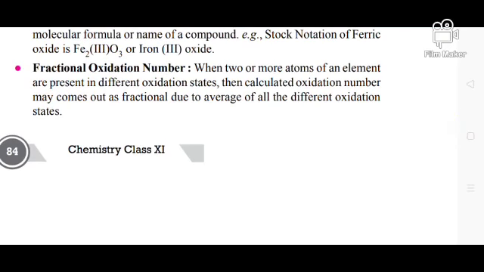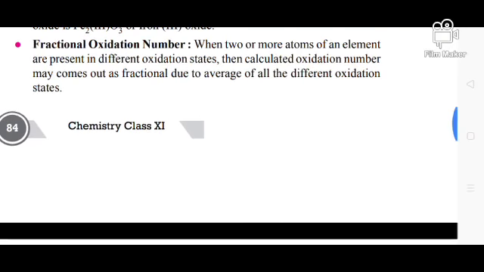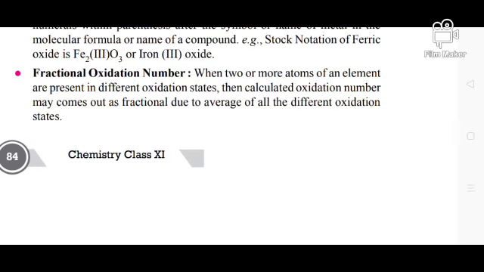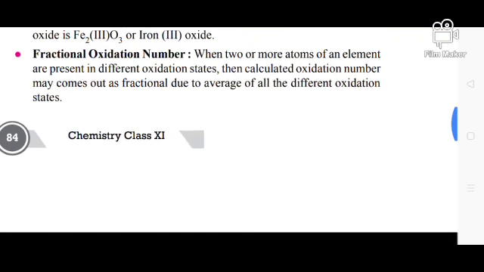After that, the fractional oxidation number. So what is the fractional oxidation number? When two or more atoms of an element are present in different oxidation states, then the calculated oxidation number may come out as a fraction due to the average of all the different oxidation states.